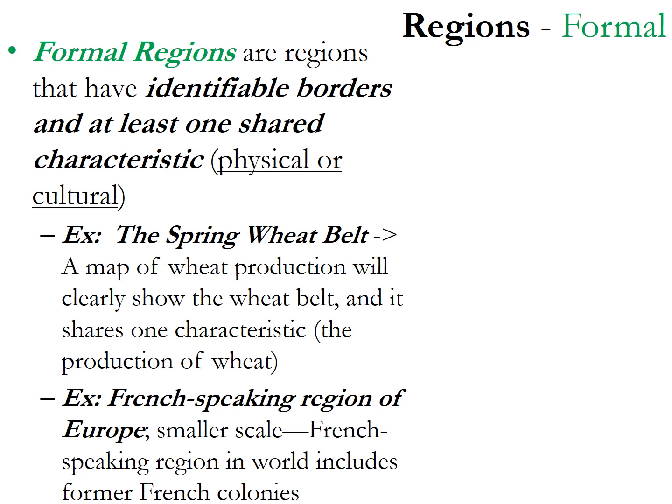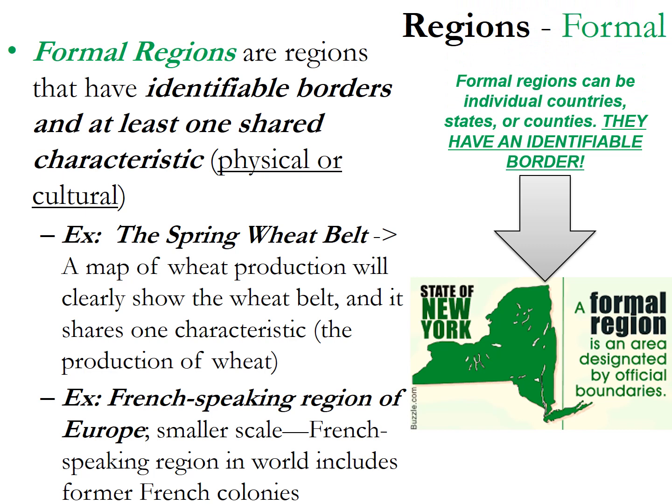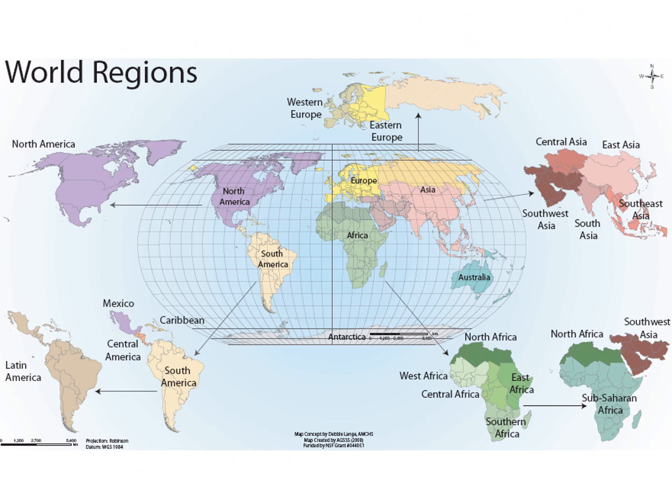Those are all identifiable borders, and then every area inside of that region follows the laws of that country, identified by that border. And here you can see it with the state of New York, right? Because we know everywhere inside those lines is the state of New York. It's a reflection of our culture, right? Formal regions can be individual countries, states, or counties. They have an identifiable border. Their shared characteristic is they follow that law. So that's our first region.